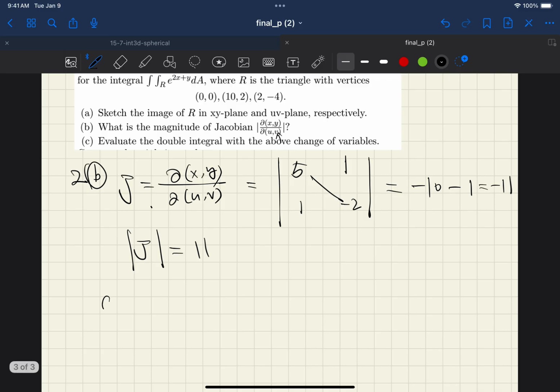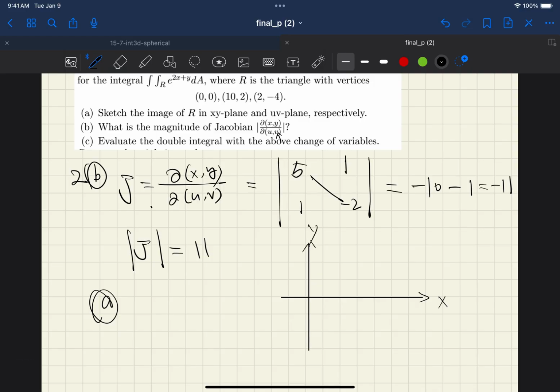Now number A is sketch the image R in xy plane and UV plane respectively. So in xy plane, 3 points form a triangle, so we don't have to be very precise. So we can just do xy plane as usual.